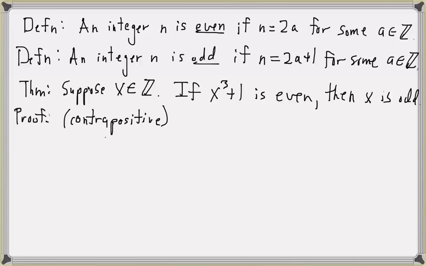So suppose that x is not odd. Then x must be even, and by definition of even, we can write x as 2 times some integer a.